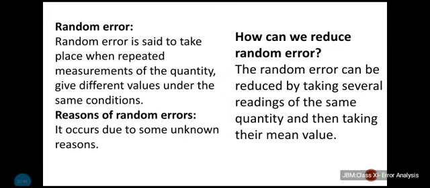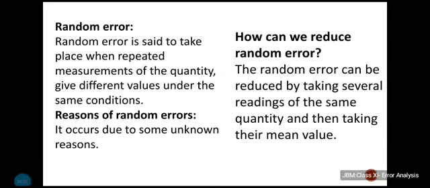Repeating the observation several times and taking the arithmetic mean of all the observations, the mean value, that is the average value, would be very close to the true value of the measured quantity. So, random error can be reduced by taking several readings of the same quantity and then taking their mean or average value.